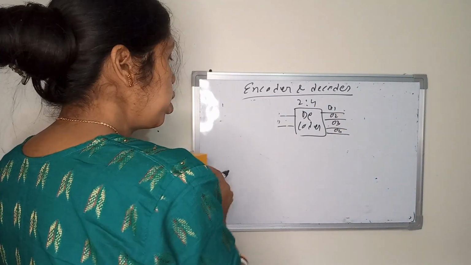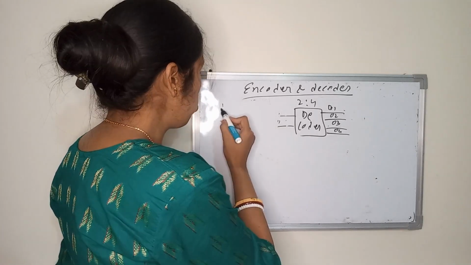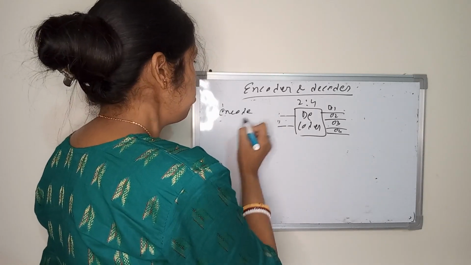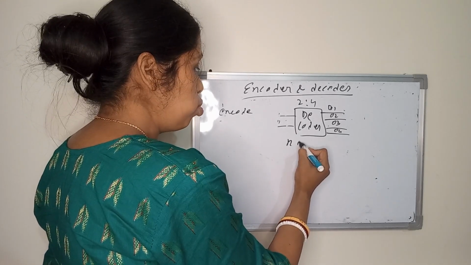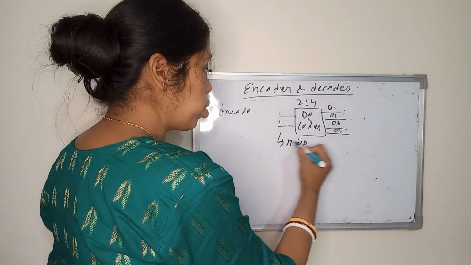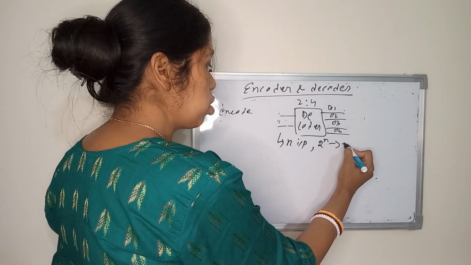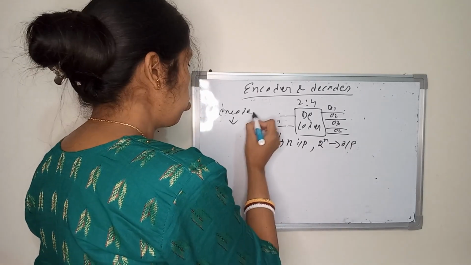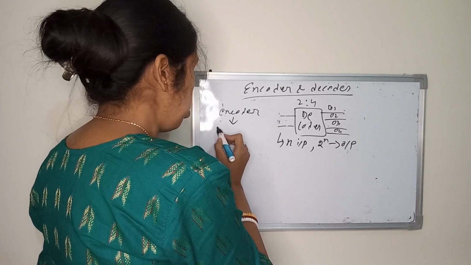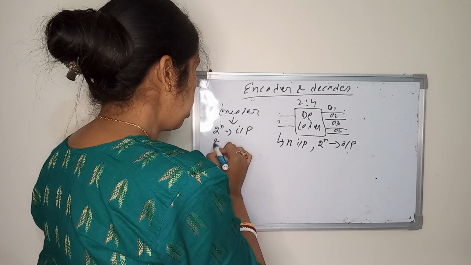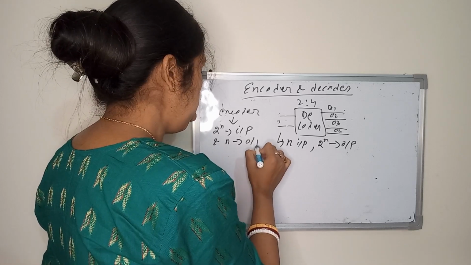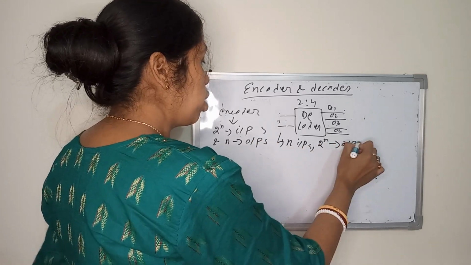So what is the relationship between the encoder and decoder? In a decoder, if there are n inputs, there are 2^n outputs. In an encoder, there are 2^n inputs and n outputs, opposite to each other.